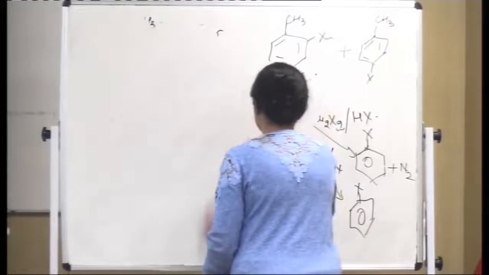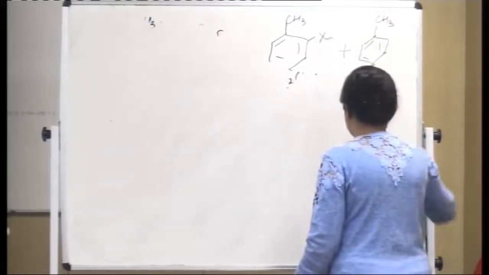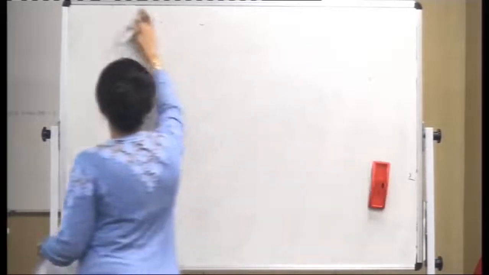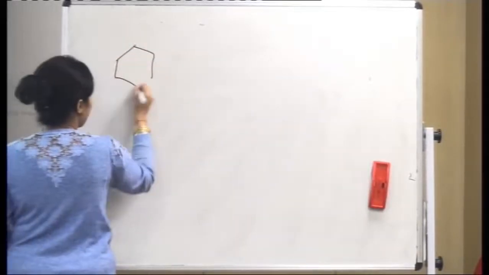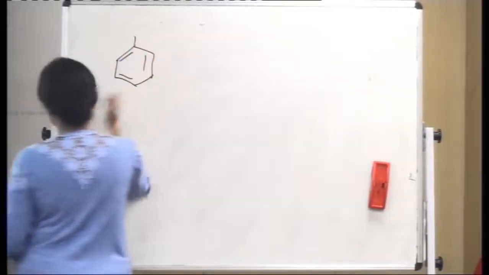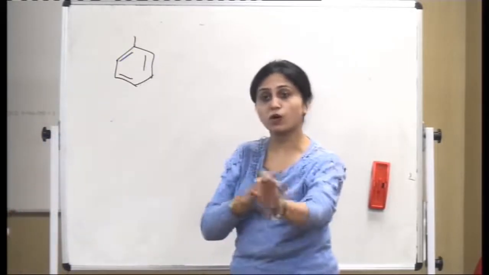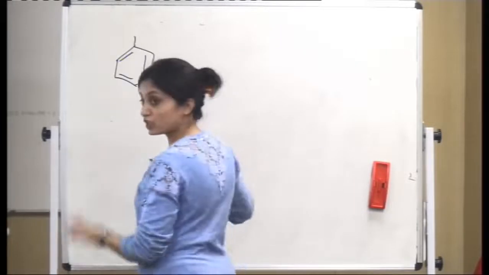Now when I am talking about haloarenes, you also need to look into this particular thing. This is a very basic thing that you need to understand, as to why it will undergo ortho or para substitution.